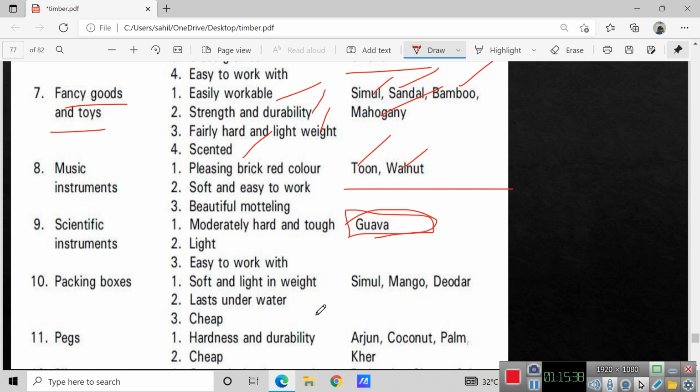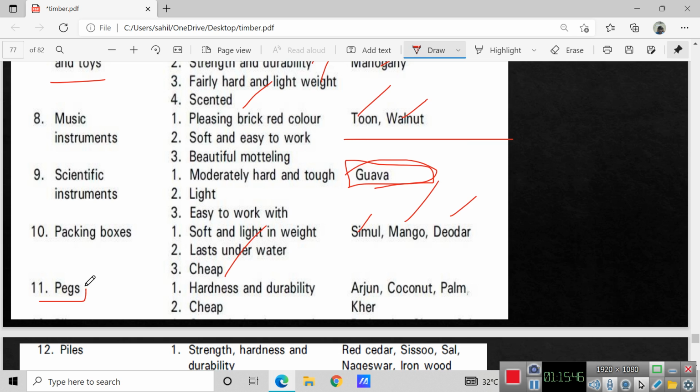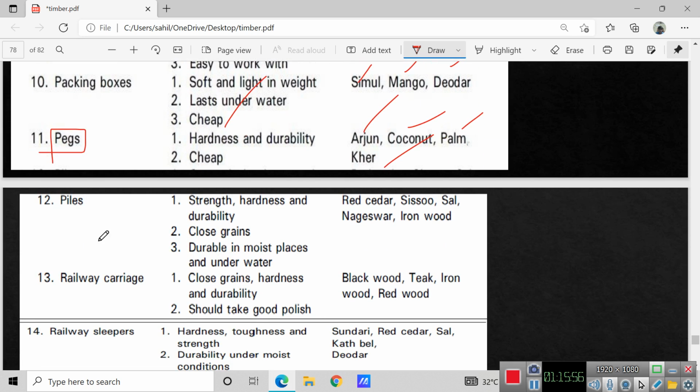Now, packing boxes: soft and light in weight, lasts underwater, cheap. Examples are simul, mango, deodar. Now, pegs. For the manufacturing of pegs, the criteria are hardness and durability, cheap. Examples: arjun, coconut, palm, kher. Now, piles.